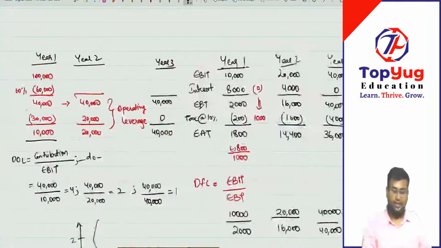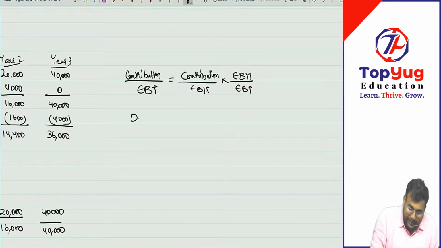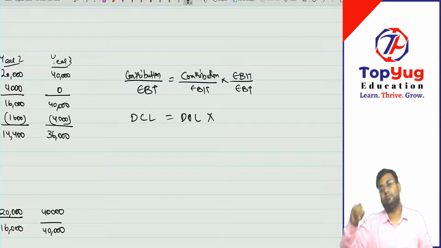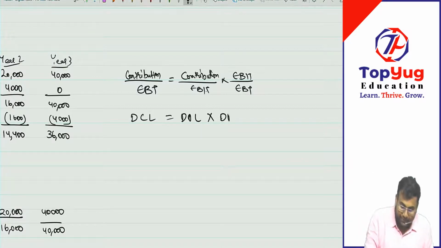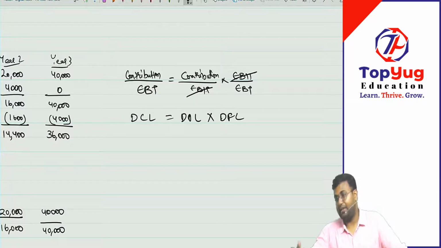EBT. Clearly we are able to find out this part. So can I say my DCL is equal to DOL into DFL? Mathematically correct. I can cancel this EBIT, yes or no? So that's why degree of combined leverage is contribution by EBIT into EBIT by EBT, that is contribution by EBT.